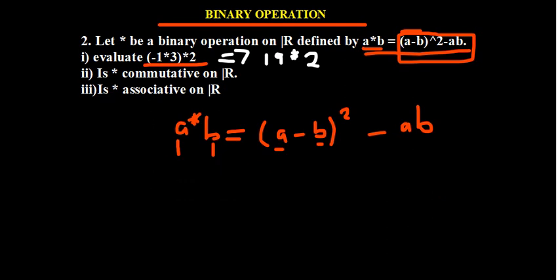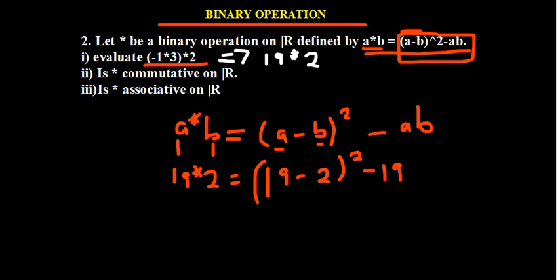Okay, so we have now 19 and 2. So we have 19 minus 2, squared, minus... so 19 minus 2 is what? 17.